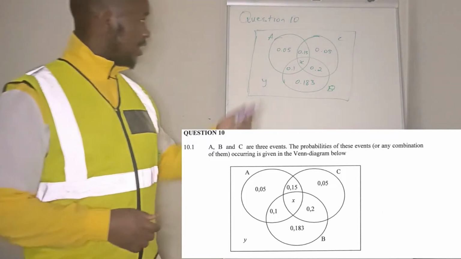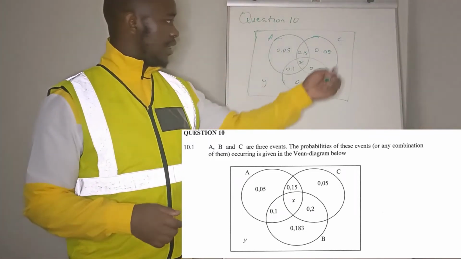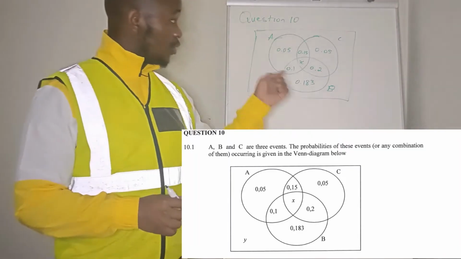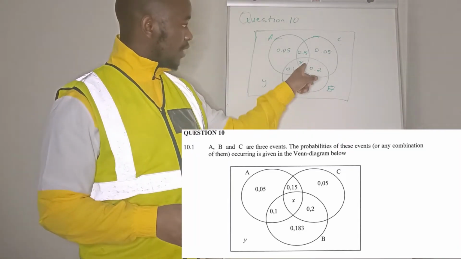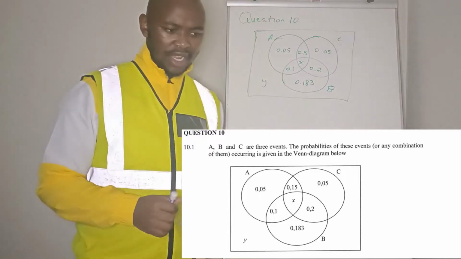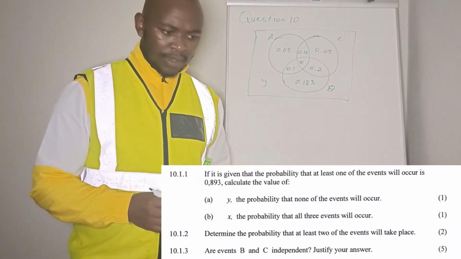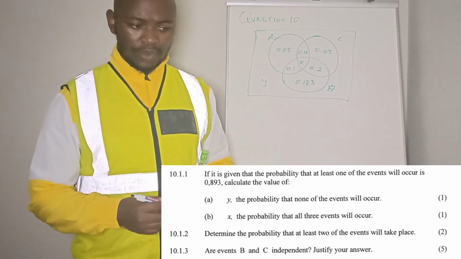As we see here, there's A, B, and C, and we're given all probabilities of those events occurring except X and Y.